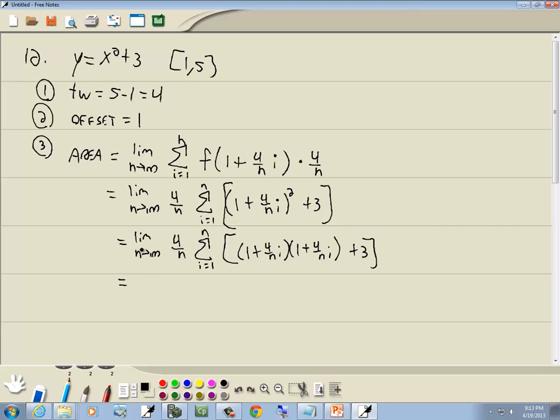Now this 4 I can put clear out in front, so I don't have to worry about it. So we've got the limit as n goes to infinity of 1 over n, and then i equals 1 to n. 1 times 1 is 1. 1 times 4i over n gives us 4i over n. 4i over n times 1 gives us 4i over n. 4i over n times 4i over n gives us 16i squared over n squared, plus 3.